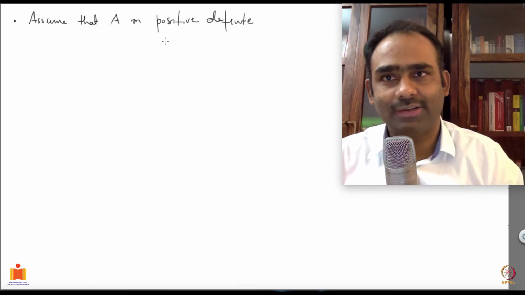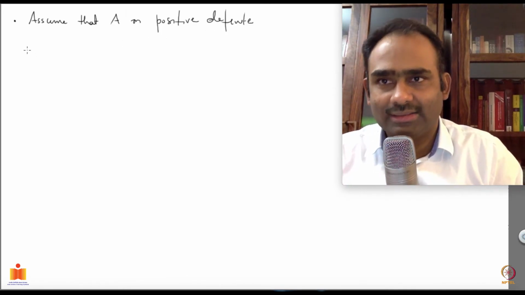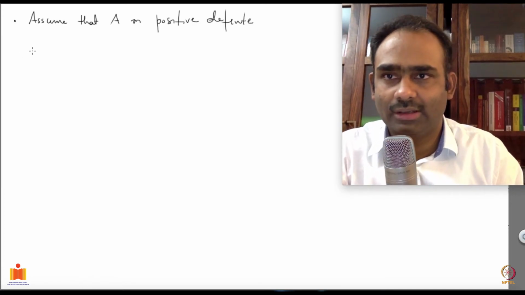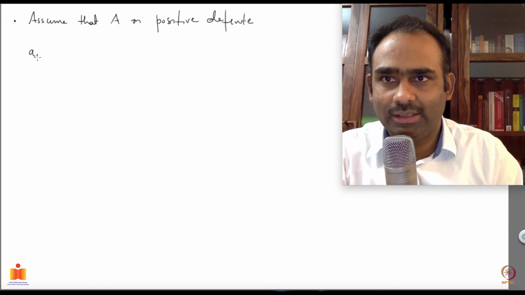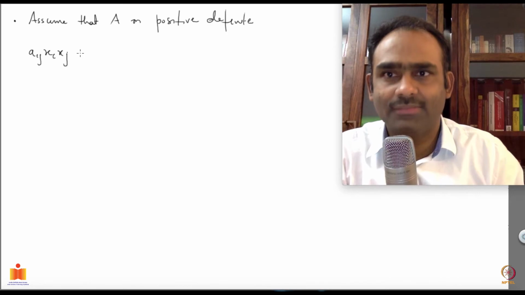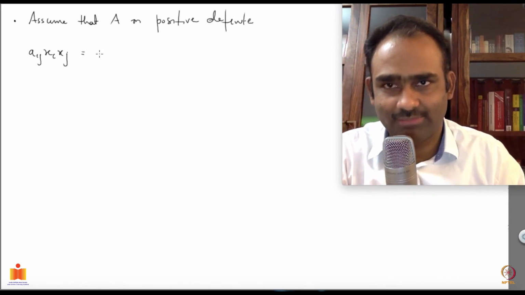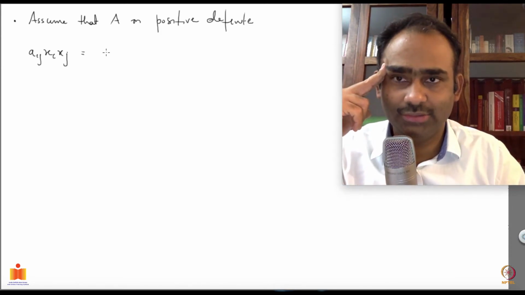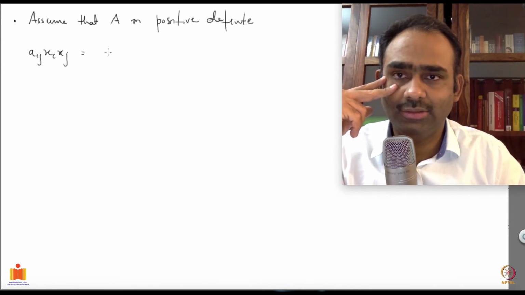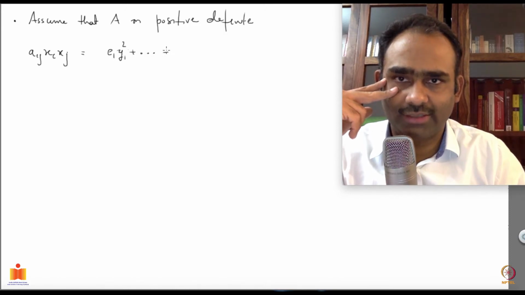So if I do so, and as I have already said, I can always put A_ij x_i x_j into the following form. Summation is implied, Einstein summation convention is being used. E1 y1 square, and so on, up to En yn square. That's what we have just now shown.